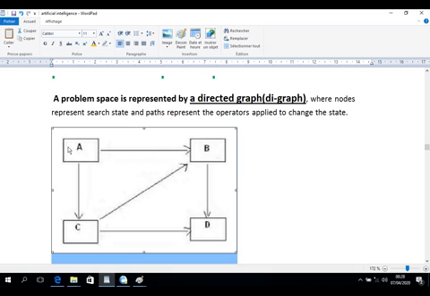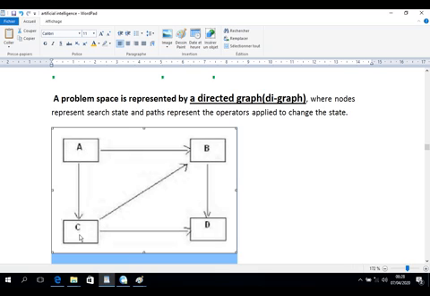So each node here is a state, and paths represent the operators applied to change the state. So these directed arcs are the operators.